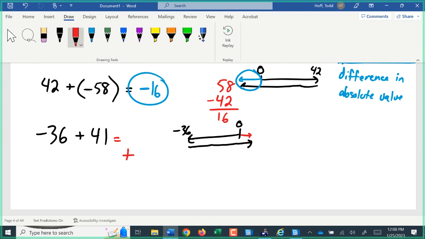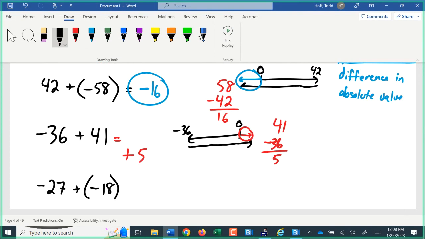So I know that my answer is positive. Once again, the vectors go in different directions. So the resulting length, or absolute value, is the difference of their lengths. 41 minus 36 is 5. It's a positive 5.